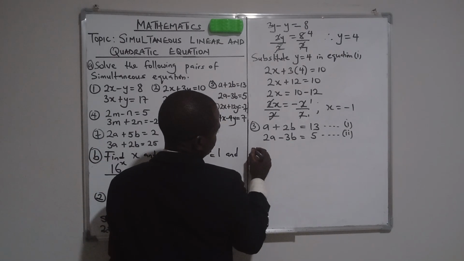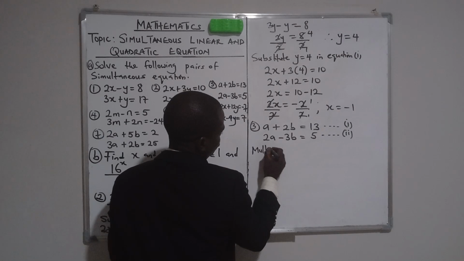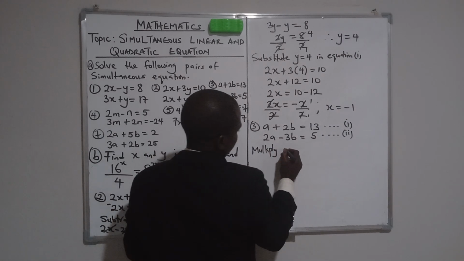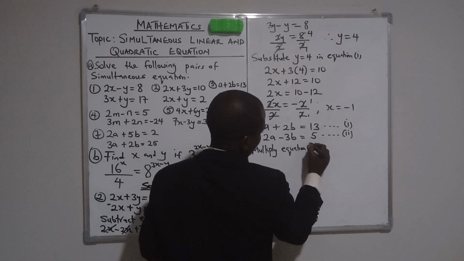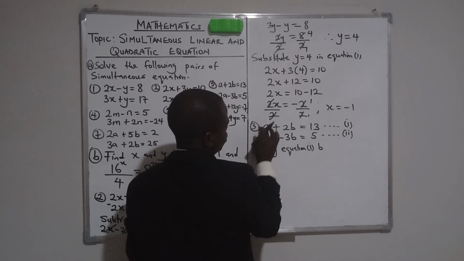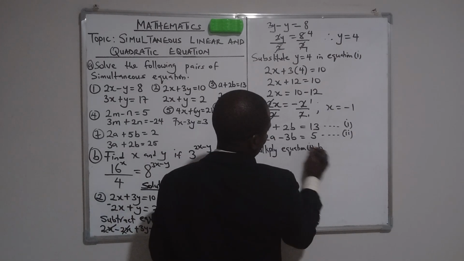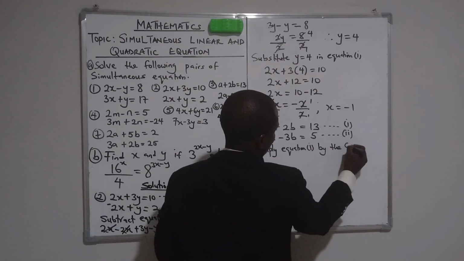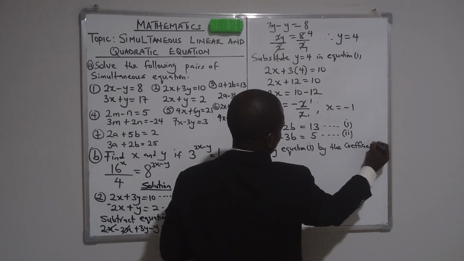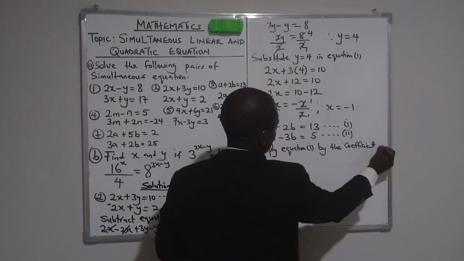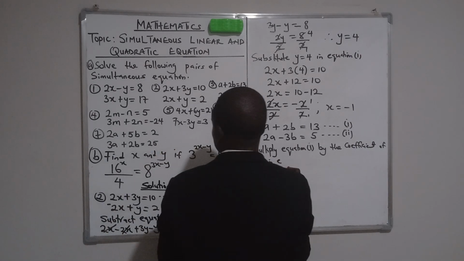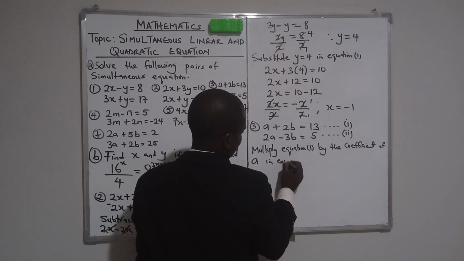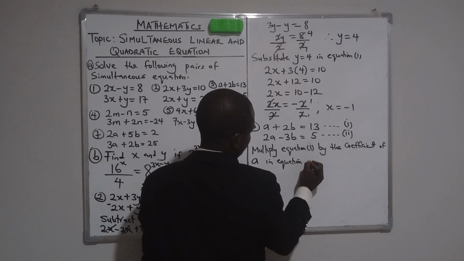Now multiply equation 1 by, I want to pick 2 and 1 because there's 1 here and 2. Multiply equation 1 by the coefficient of a in equation 2.